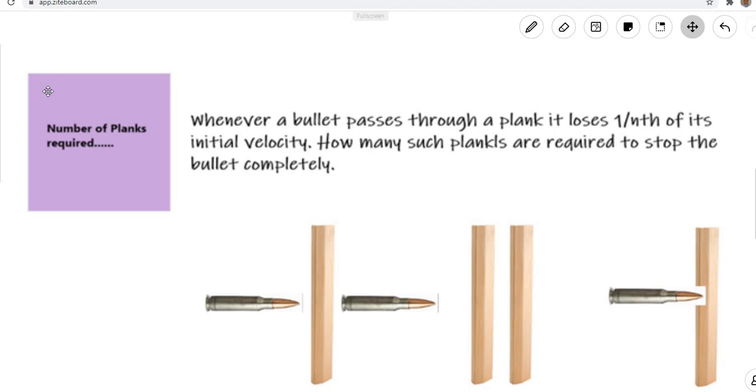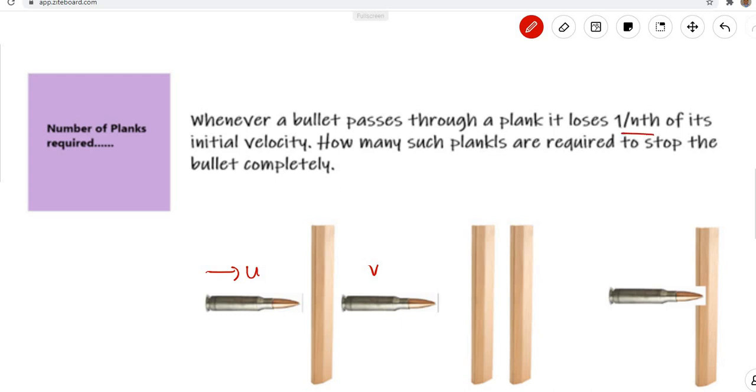Whenever a bullet passes through a plank, it loses 1 by nth of its initial velocity. Remember, let us take the velocity of this bullet as u. Now let us take some velocity here, it is v. He is saying that whenever the bullet passes through one plank, it loses 1 by nth of its initial velocity.